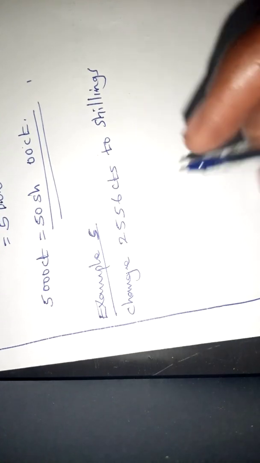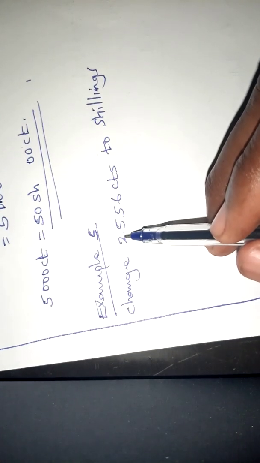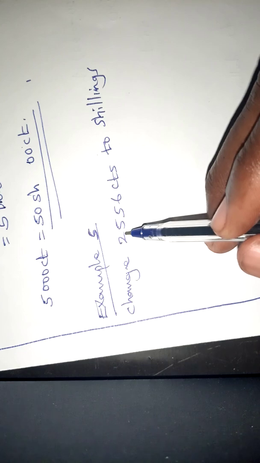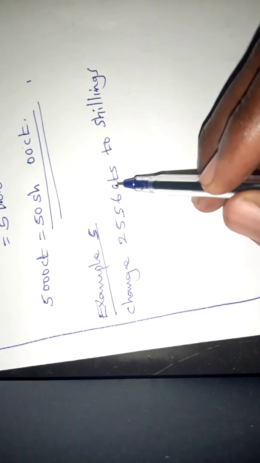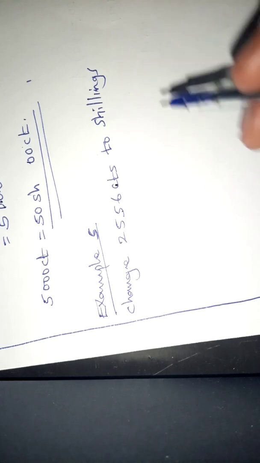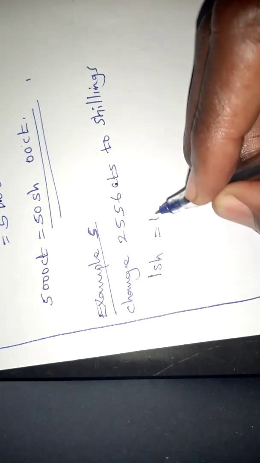Let us look at example 5, the last one, the final example. We are saying convert 2,556 cents to shillings. As usual, start with your formula. Use 1 shilling is equal to 100 cents.